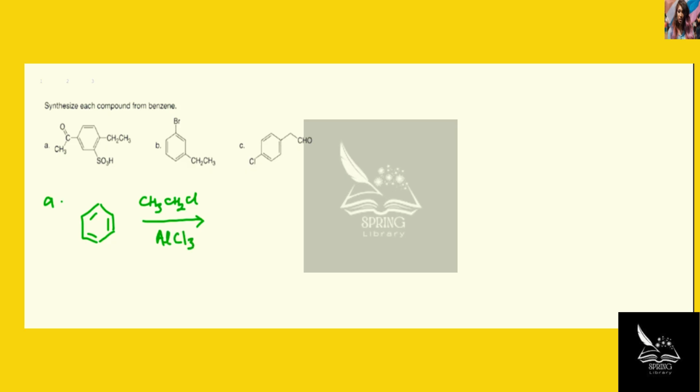and by that the product which is formed is ethyl benzene. After that, in the next step, we are doing the same Friedel-Crafts reaction, but here it is acylation.